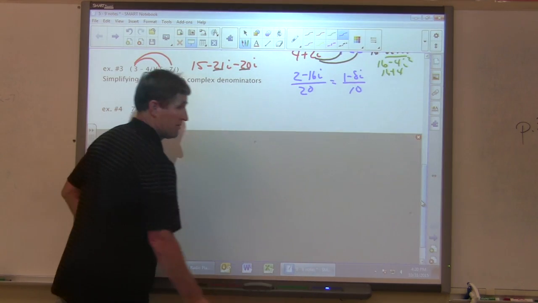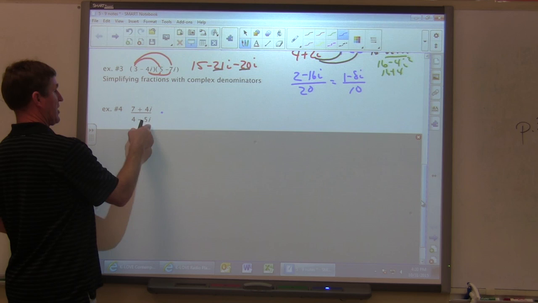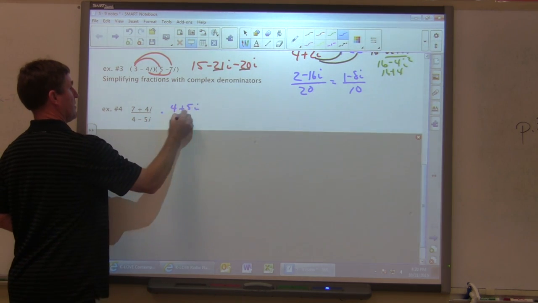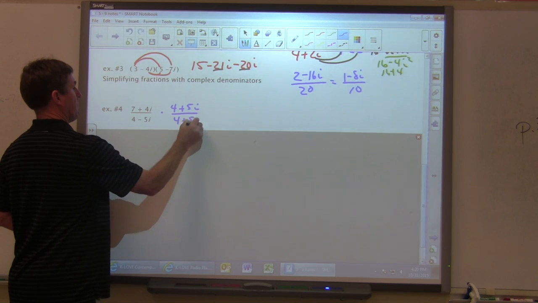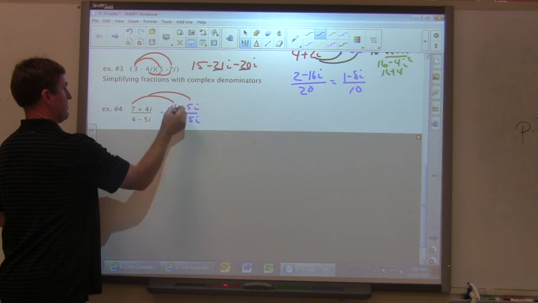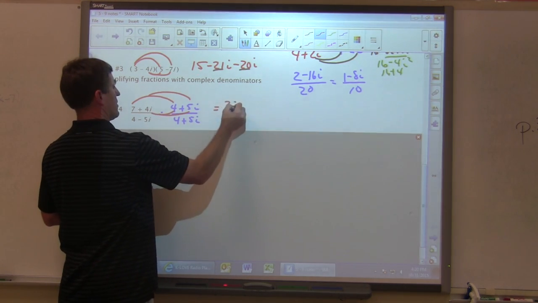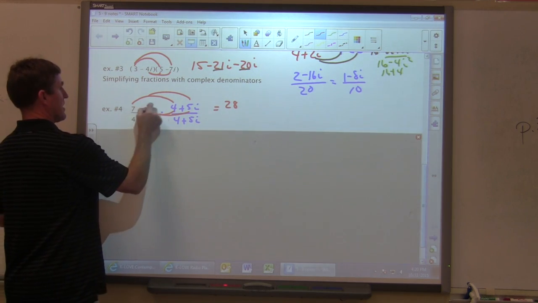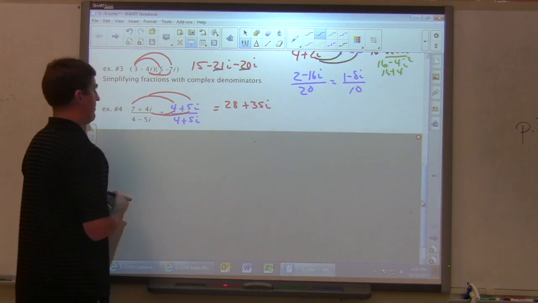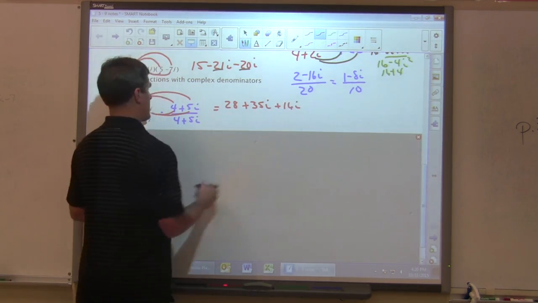Now that you've finished it, again, we can just multiply by the complex conjugate, so that would be 4 plus 5i. So again, distribute. 7 times 4 is 28. 7 times 5i, 35i. 4i times 4, 16i.